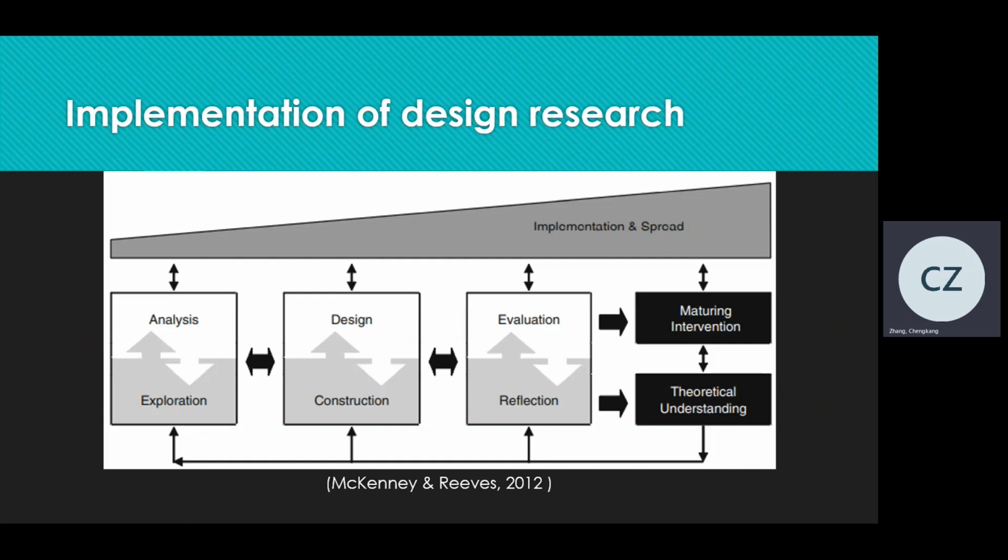First, it's a theoretical stage. In this stage, the researcher needs to find a topic that he's interested in, read a lot of relevant previous research, find a research gap and propose a research question.